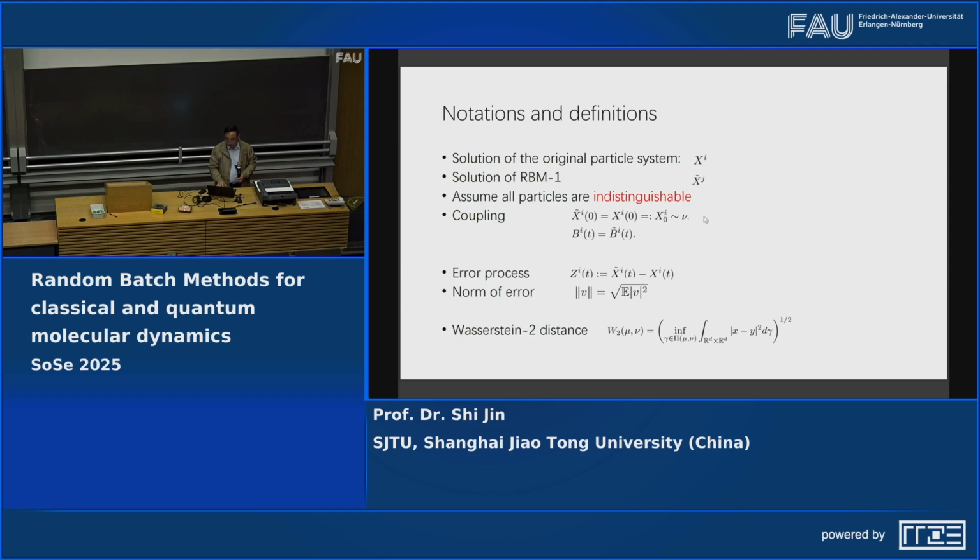So now assume the analytic solution is xi and the random batch solution is xi tilde. Of course, the error is the difference between the two, and it's a vector. So I take an L2 norm and put the expected value because it's a random method. You can also measure the error by the so-called Wasserstein-2 distance.